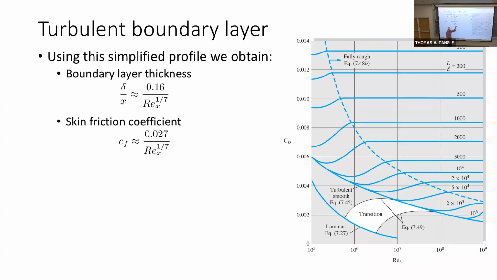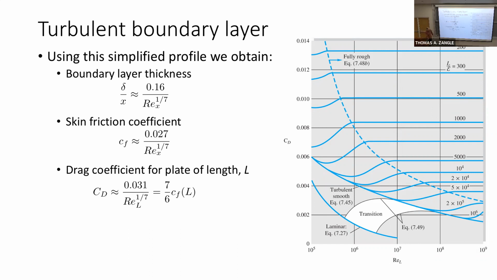And it's a function of x, right? It's a function of the distance away from the leading edge of the plate or table. So we can take this and integrate it from x is 0 to x is L and arrive at an expression for the coefficient of drag, 0.31 over the Reynolds number to the 1/7 power, based on length.